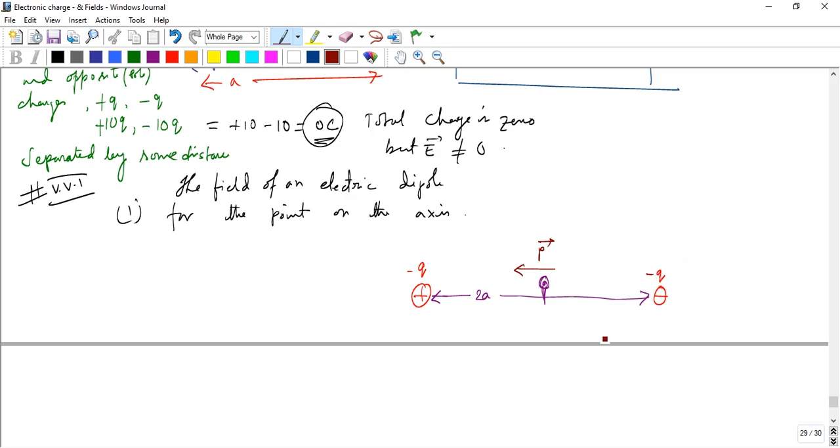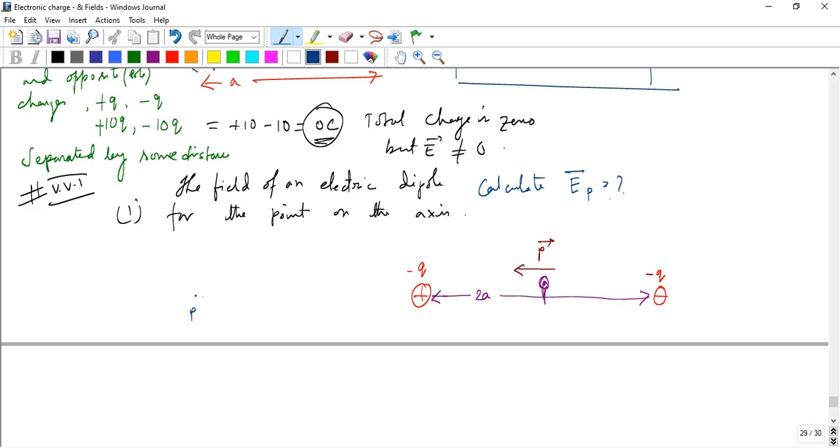Now calculate the electric field of the electric dipole, E at any point P. We say P is always measured outside the dipole, from the center point of the dipole.